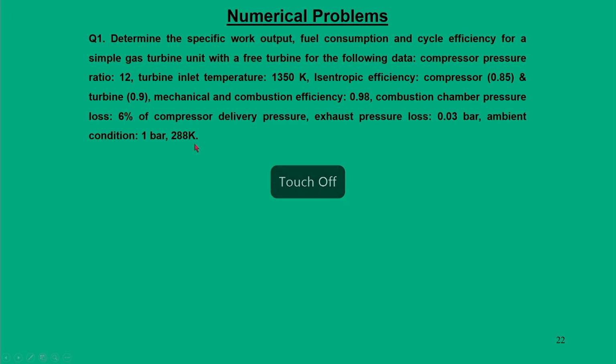Let us draw the diagram first. In a simple gas turbine circuit, we have a compressor driven by a turbine, and a combustion chamber.